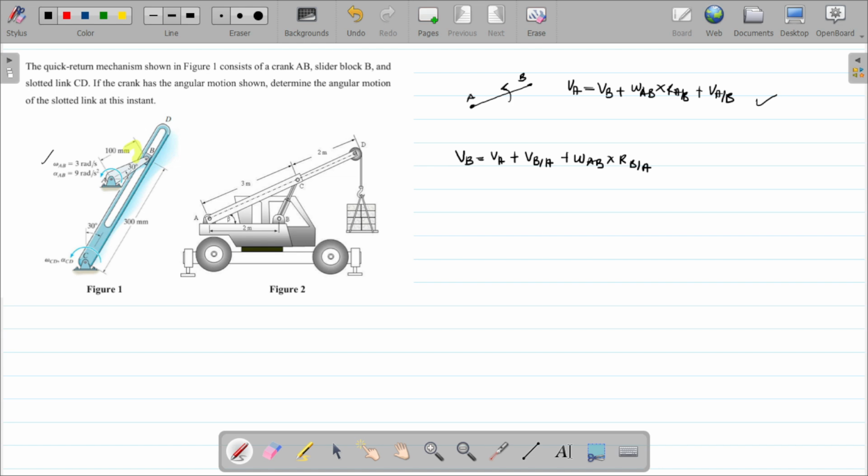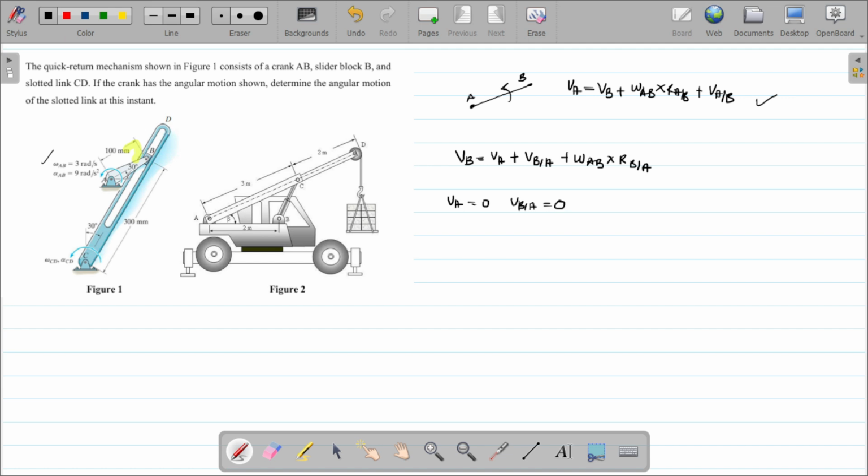VA is 0. VB relative A is a sliding relative velocity between A and B. Now between A and B, there is no sliding. You can see the AB link is a radial link, so the sliding velocity between A and B is 0.